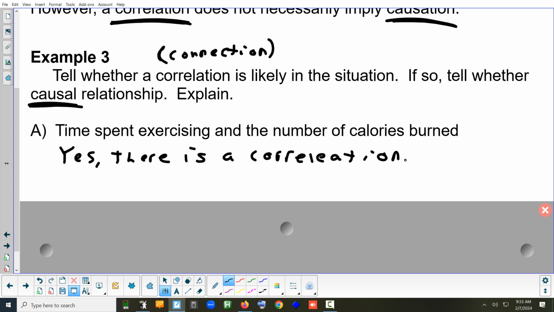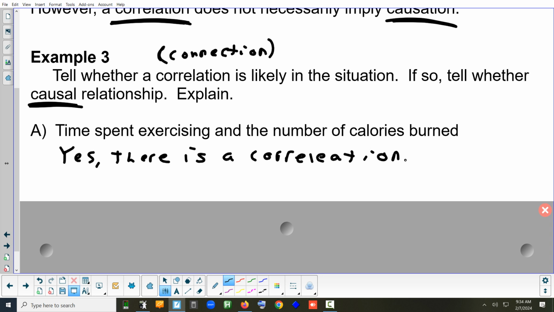So first say, do you think there's a connection? And if there is, is it automatic? What did we say about this? If you spend more time exercising, will the number of calories automatically go up? Yes, given you do the same exercise at the same speed and don't change anything else. If you're spending more time exercising, the number of calories burned will go up.